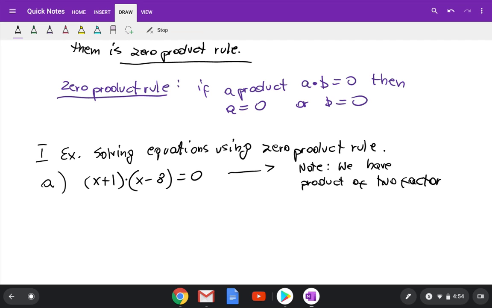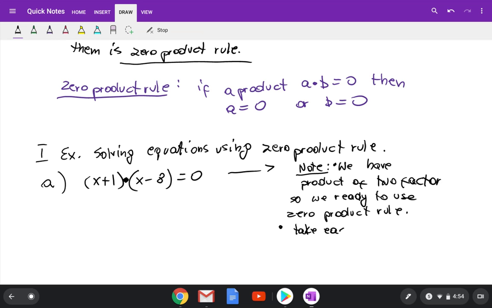So all the time when you have a product, it cannot be plus; it's a multiplication of two factors. So we're ready to use the zero product rule. How are you going to do it? This is how we're going to do it.